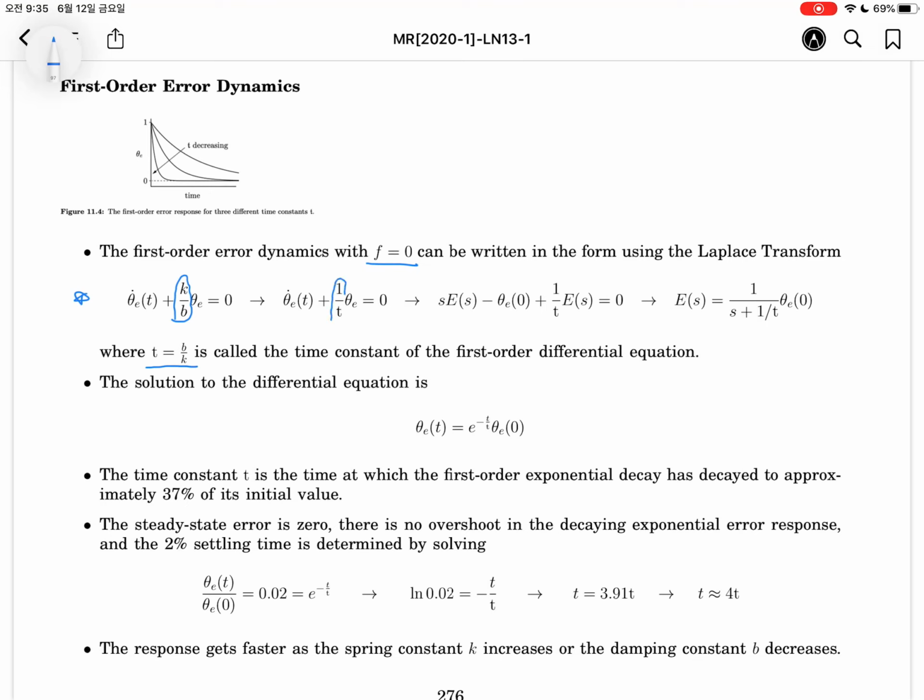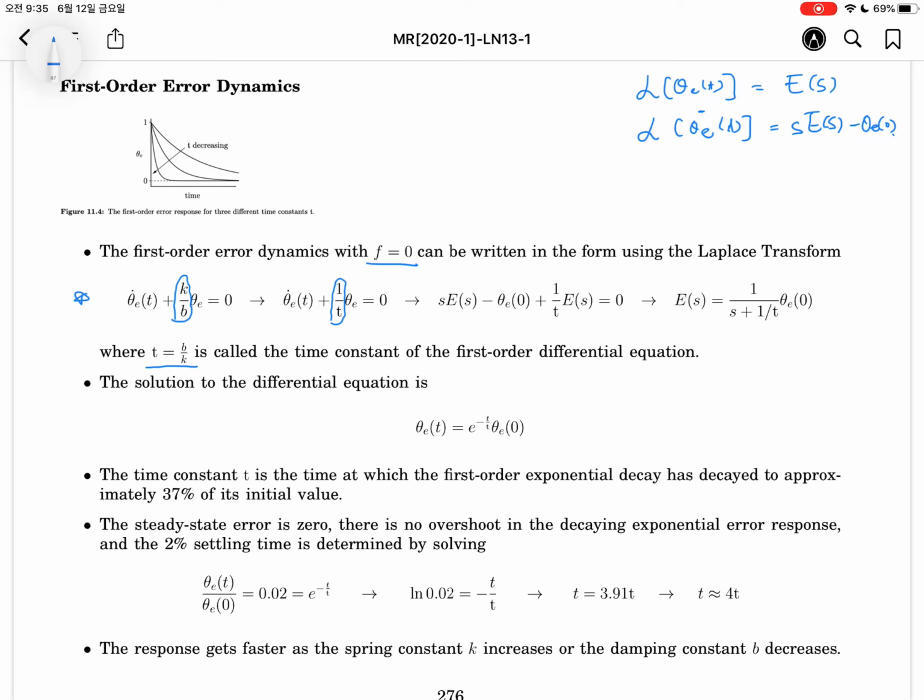Okay, then the time constant will exist here. And then the Laplace transform of theta e(t) will be defined as E(s), to make the notation easy. And then theta e dot, the differentiation of theta e, will be sE(s) minus the initial condition.